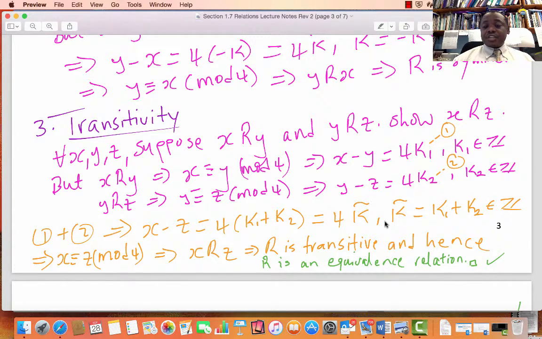And by the definition of congruence, that means x is congruent to z mod 4, and that means x is related to z by the definition of our relation R. And that means R is transitive, and hence we can conclude that our given relation R is an equivalence relation. Reflexivity, symmetry, transitivity, and we conclude R is an equivalence relation.